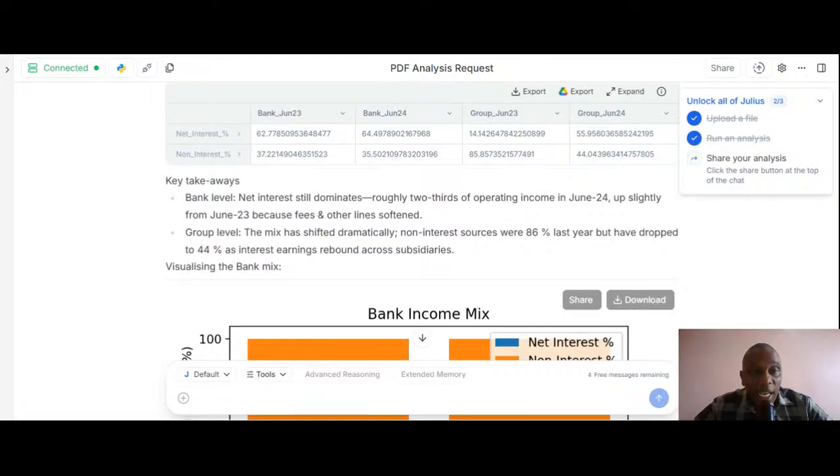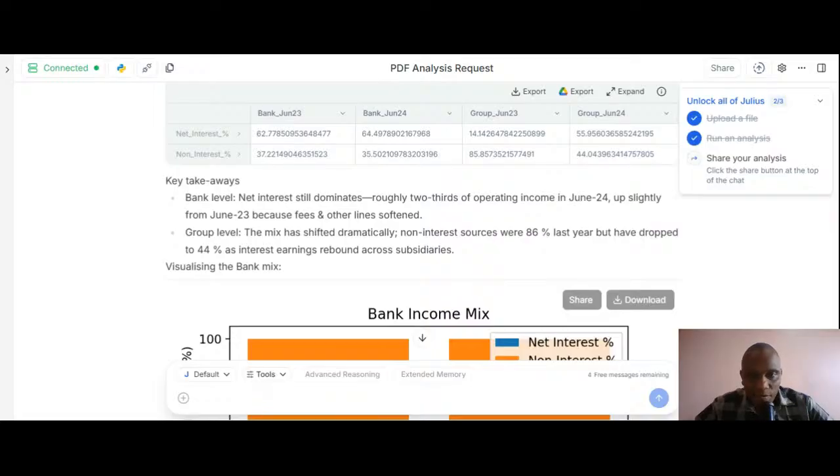So the key takeaways, what are the takeaways about the interest and non-interest income? Roughly two-thirds of the operating income in June 2024 was up slightly from June 2023, because the fees and other lines softened growth. The mix has shifted dramatically.